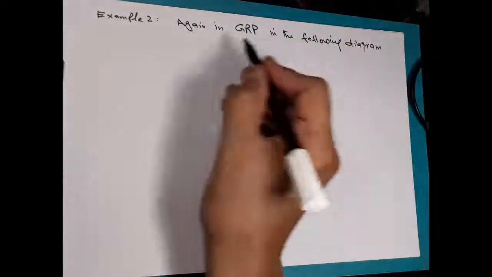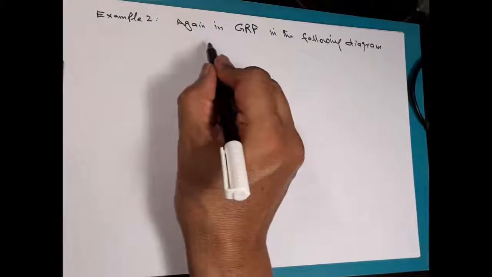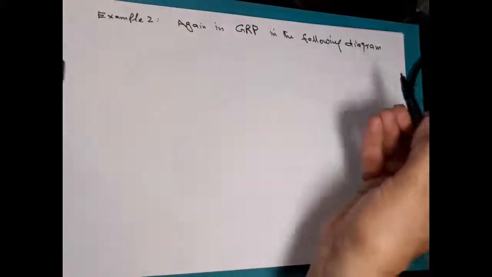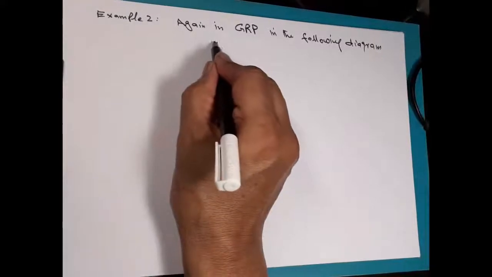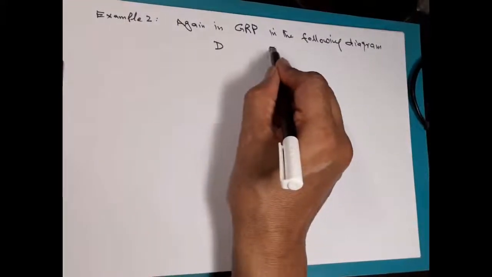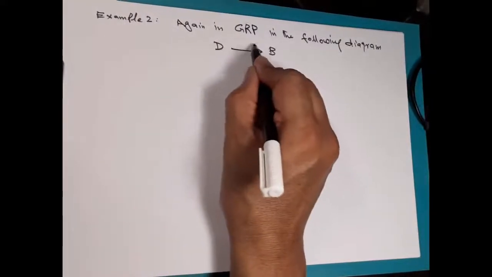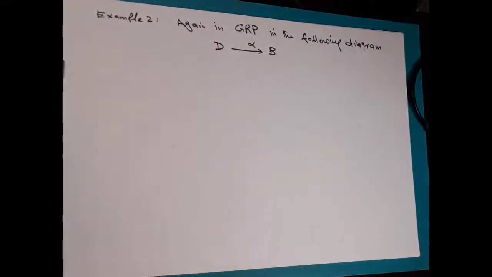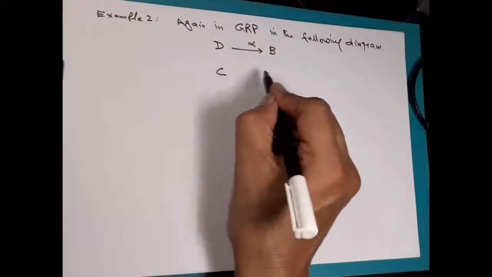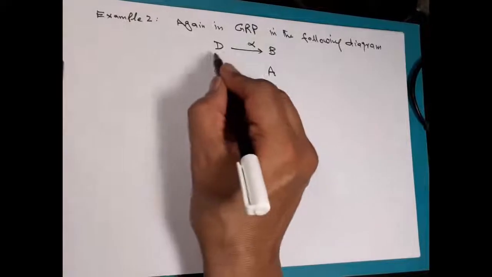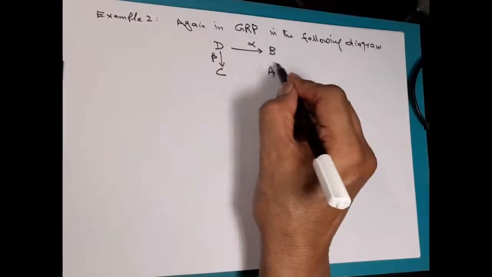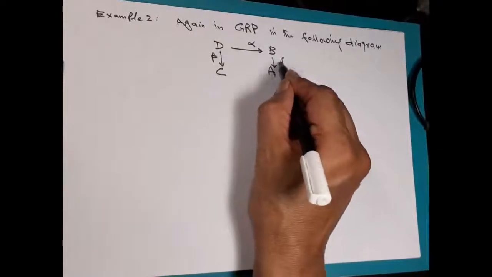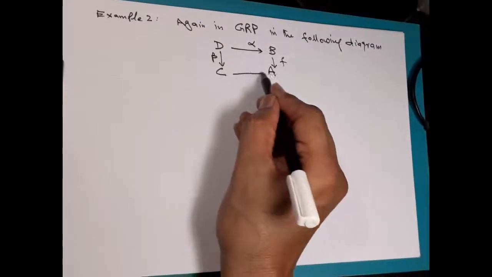So this is the pullback diagram. We have the pullback of F and G, and this is the diagram. We have D and B, and then the map alpha, then C and A, and the maps beta, F and G.